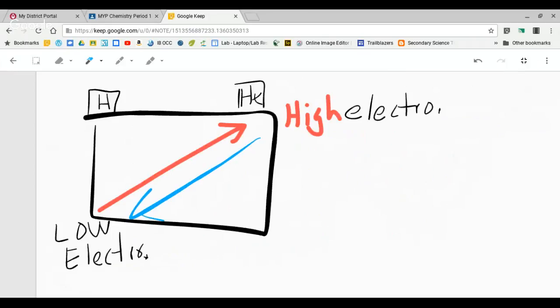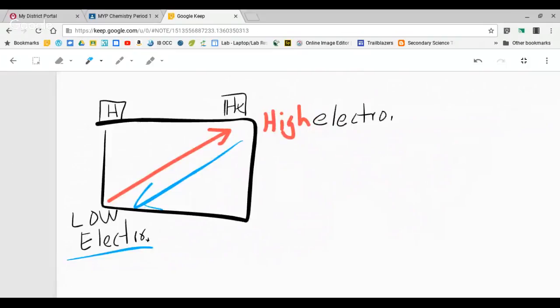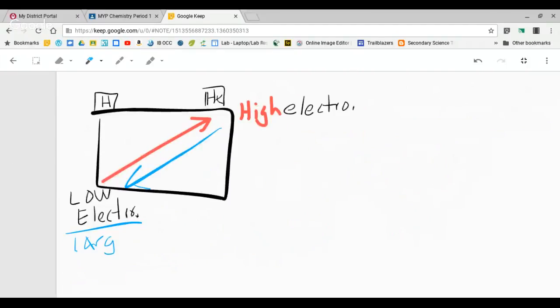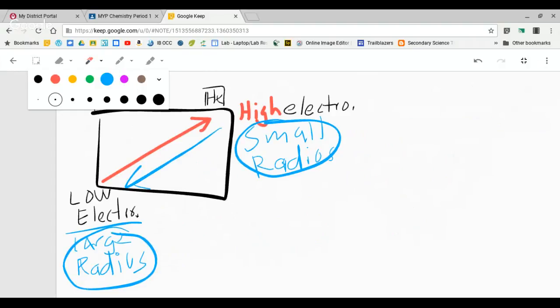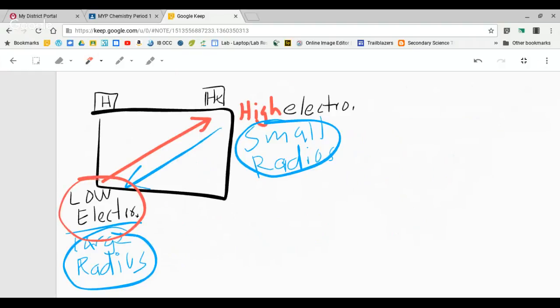So when you're down here, all these elements have a large radius, and all the elements over here have a small radius. So those are the 2 trends you have to remember: radius and electronegativity.